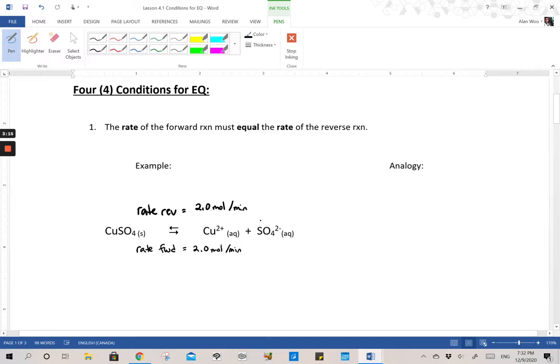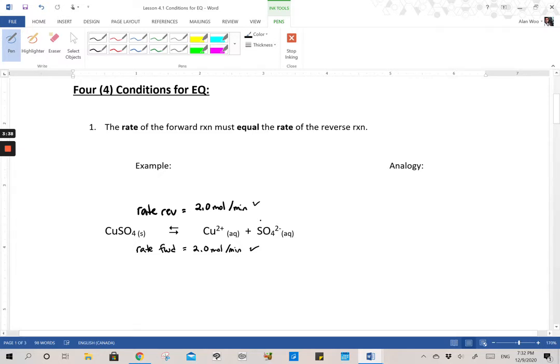If both of these are present and they're equal, then equilibrium has been achieved. And therefore, we don't really see anything changing when we look at the beaker. Because again, this change is pretty much equal. Whatever is happening to one side, it's automatically being undone on the other.